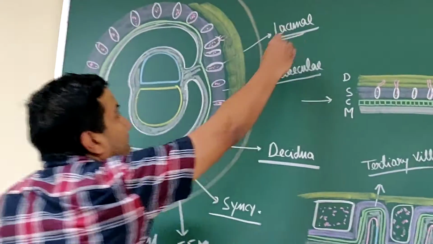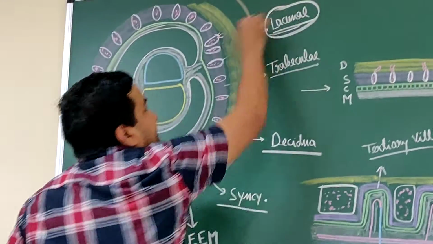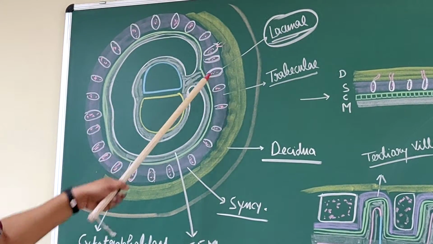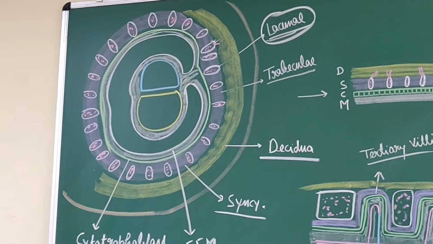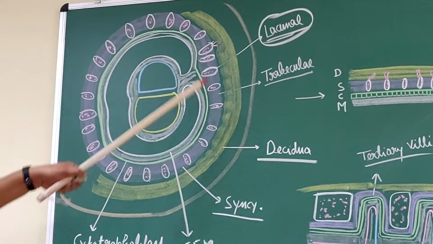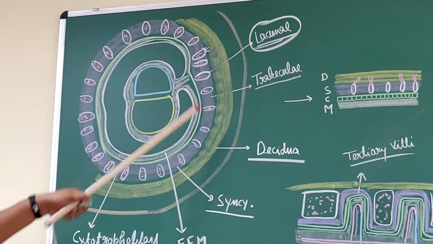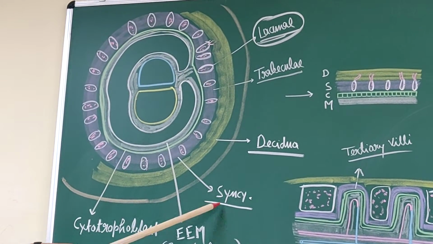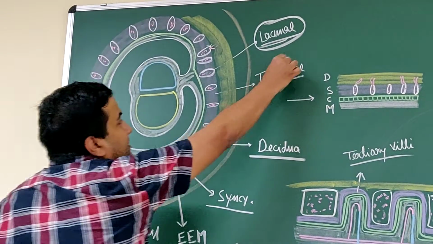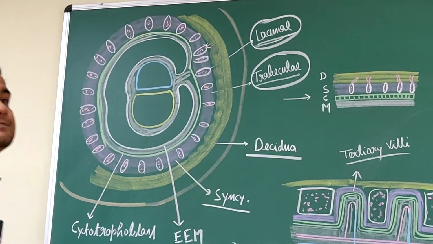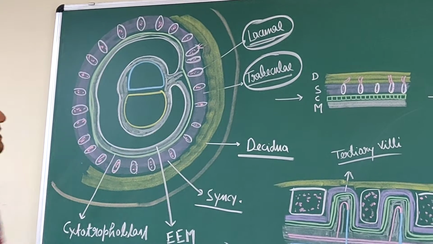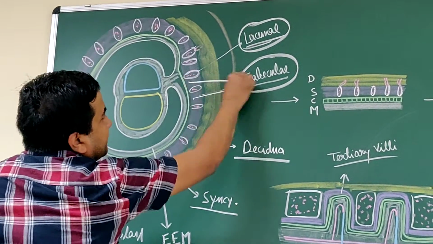These cavities are known as the lacunae. These lacunae are present in the syncytiotrophoblast. And between two lacunae, the tissue of the syncytiotrophoblast is known as the trabeculae.